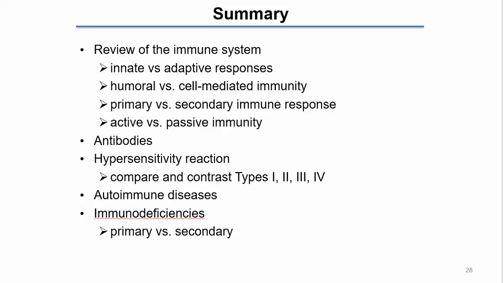The four types of hypersensitivity, compare and contrast. Very good thing to know for test purposes. Be able to compare and contrast the different types of hypersensitivities. We looked briefly at autoimmune diseases and primary versus secondary immunodeficiencies.